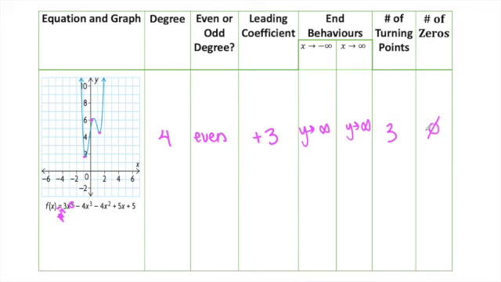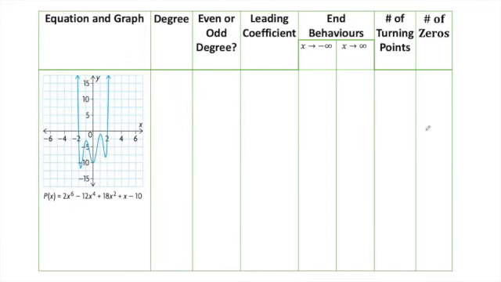Okay, next example. So for this handout is a degree 6. Ooh, a little bit bigger than we've seen. So degree 6, that is an even degree. Our leading coefficient is +2, so we know that it's going to point up.